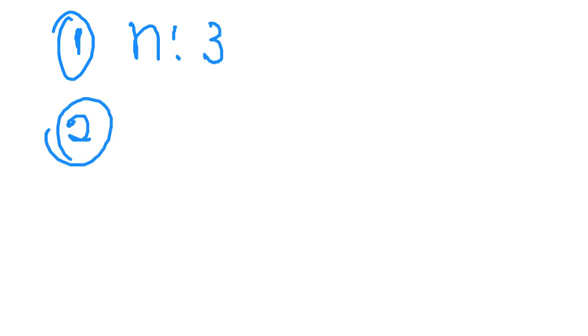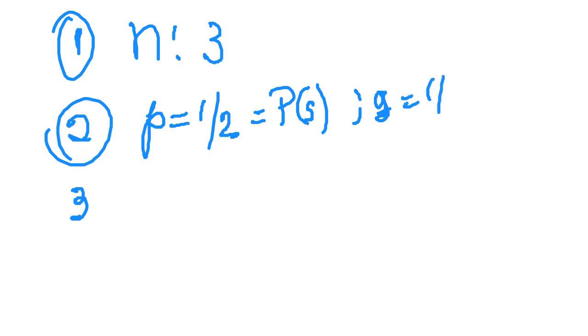Second, the probability of any trial for any individual is 1/2. For head, this is the probability of success, small p, and q is also 1/2.